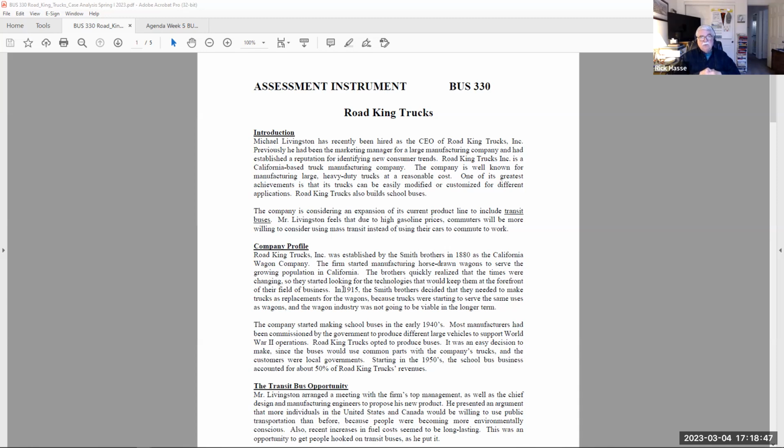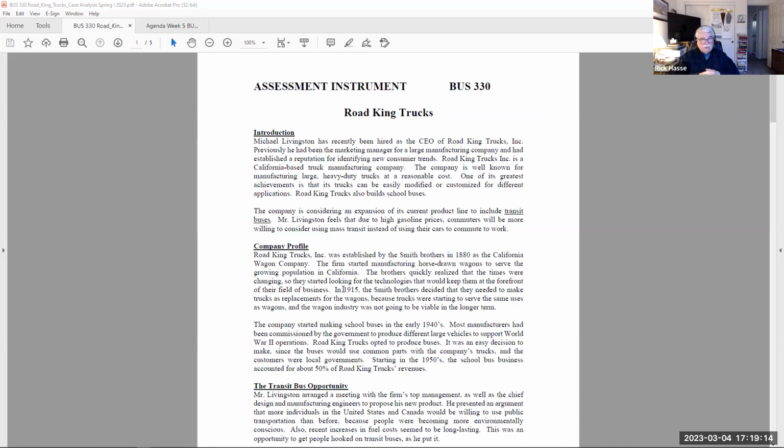Also, we will be having a special review session for this case paper and for assignment number 5 next Saturday morning, March 11th at 11:30 via Zoom. Now, if you can't make it, understandable. A lot of us have things going on the weekends. I will record that review session and post it immediately that next Saturday afternoon, March 11th.